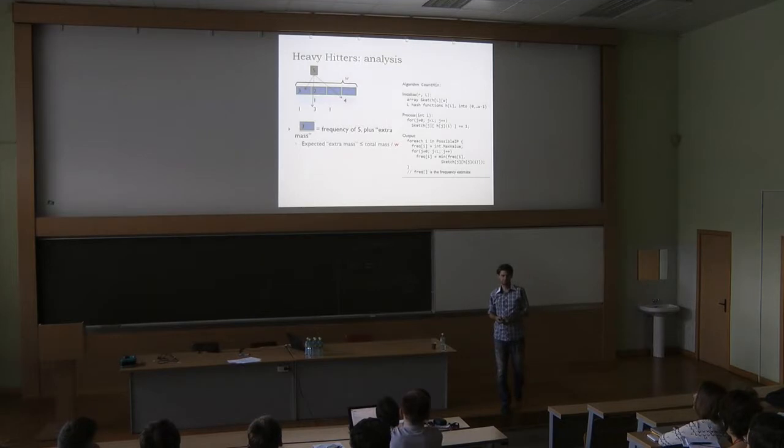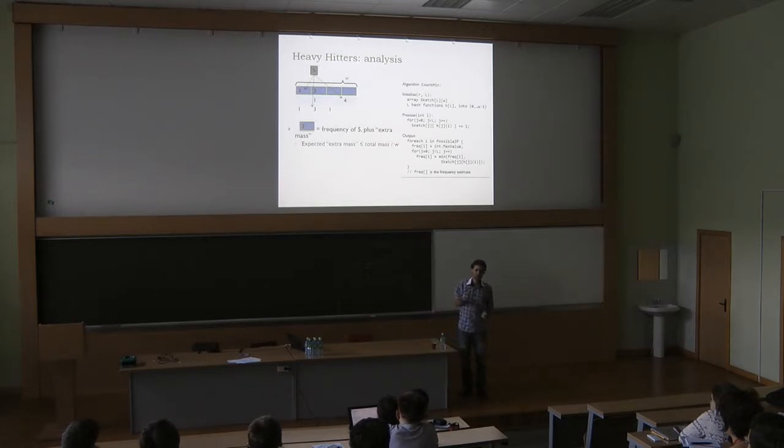Exactly. Total mass means the total frequency of all our elements. So for each particular element which is not 5, the probability that it falls into this cell is exactly 1 over W.